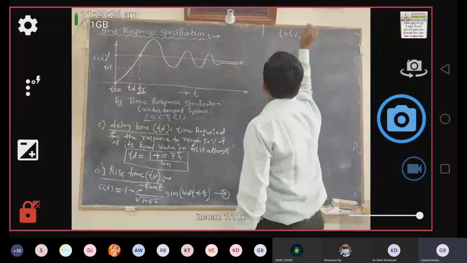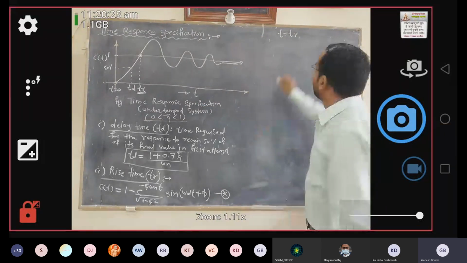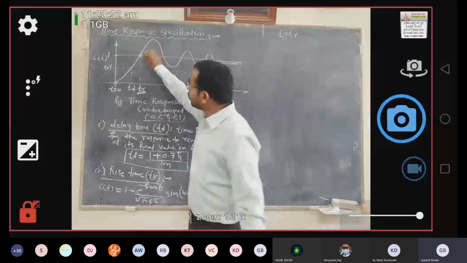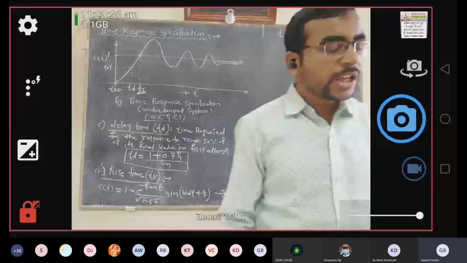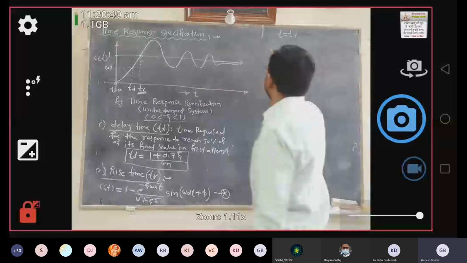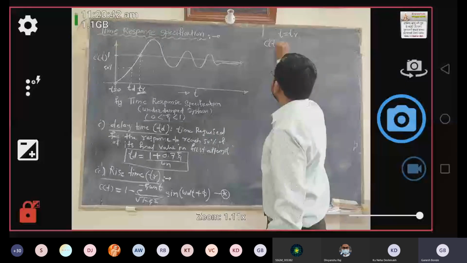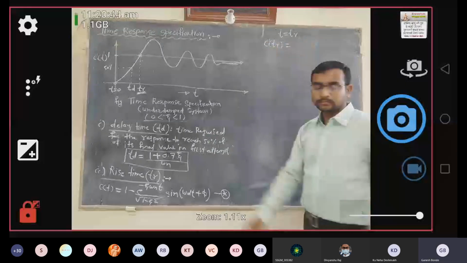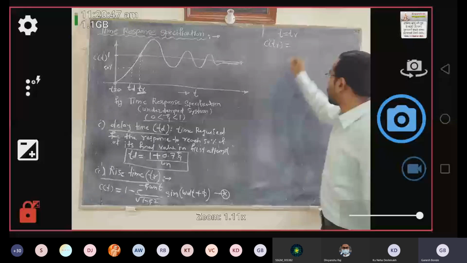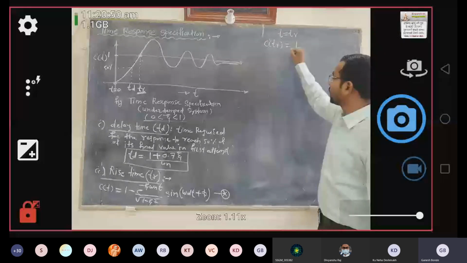What is the magnitude of your output response at t equal to TR? C of TR is 1.